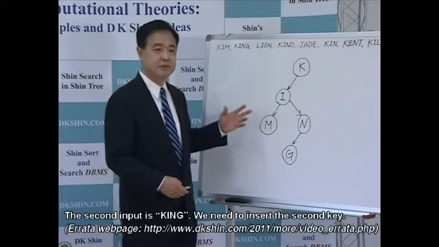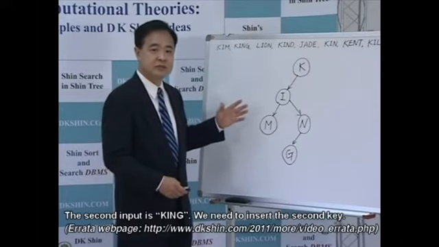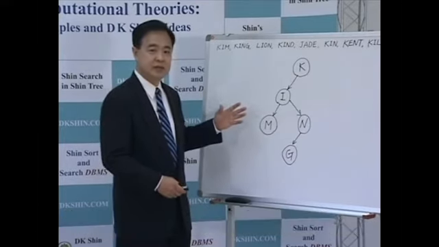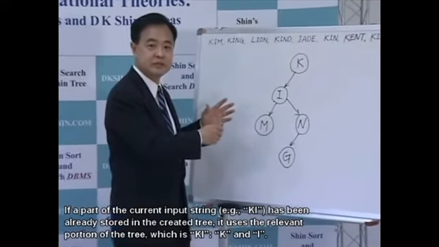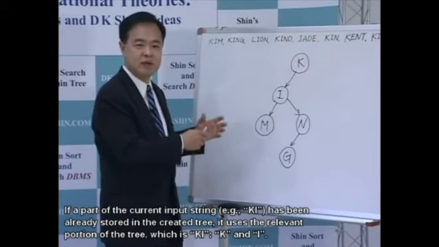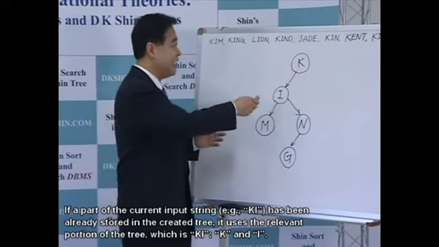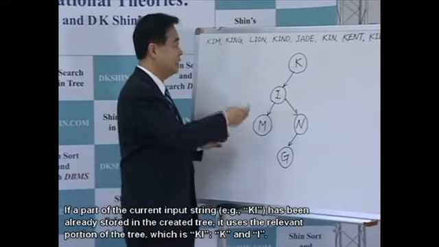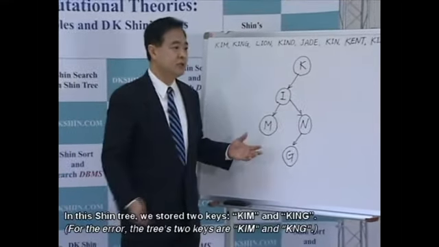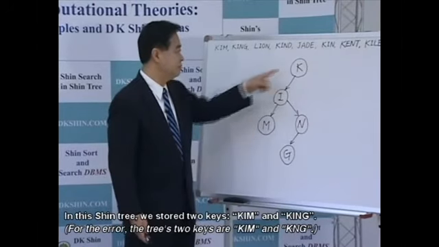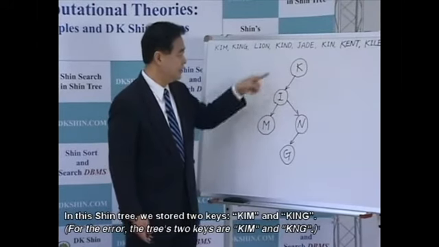The second input is King. We need to insert the second key. If a part of the current input string has been already stored in the created tree, it uses the relevant portion of the tree, which is Ki. K and I. In this Shin tree, we store 2 keys, Kim and King.